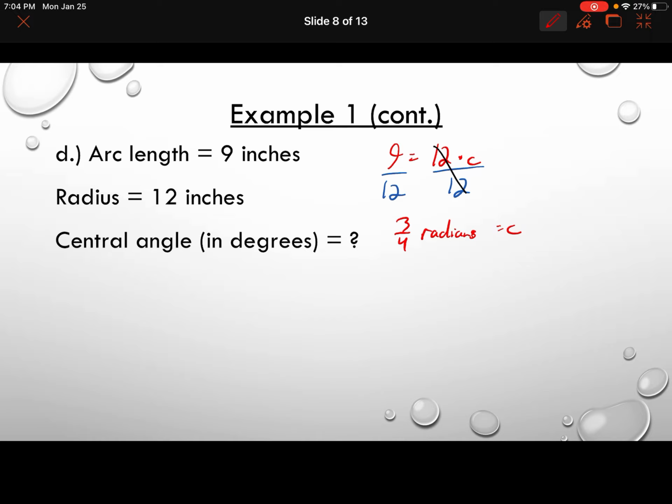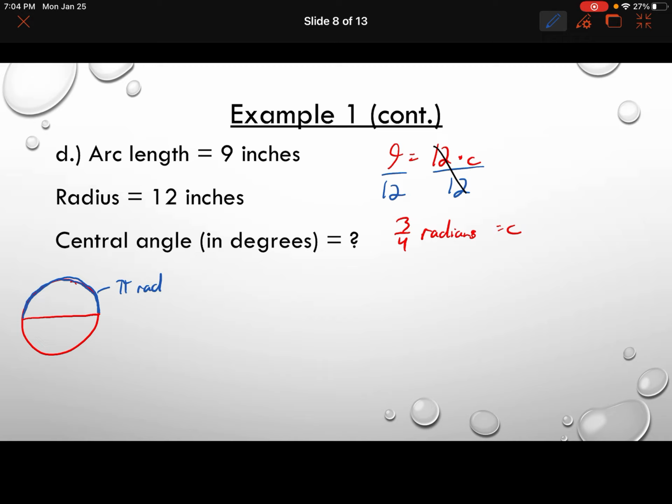If you recall from the circle, we know that half a circle corresponds to a radian measure of pi. Pi radians is half a circle.